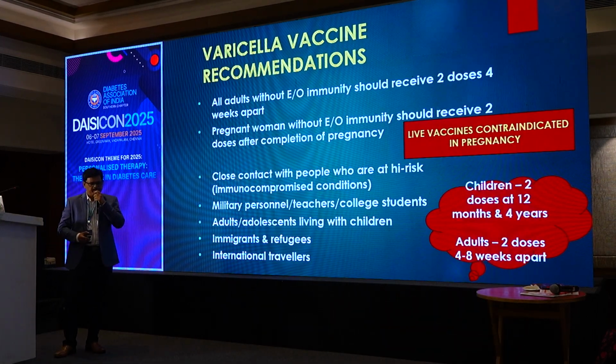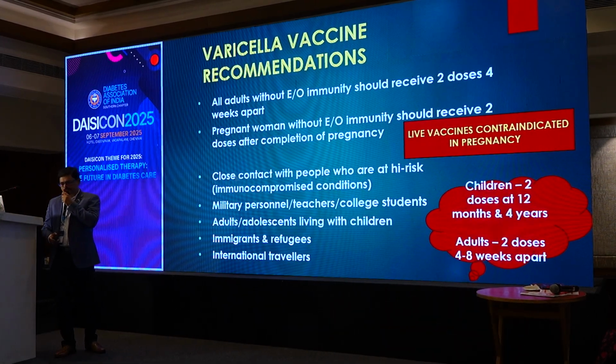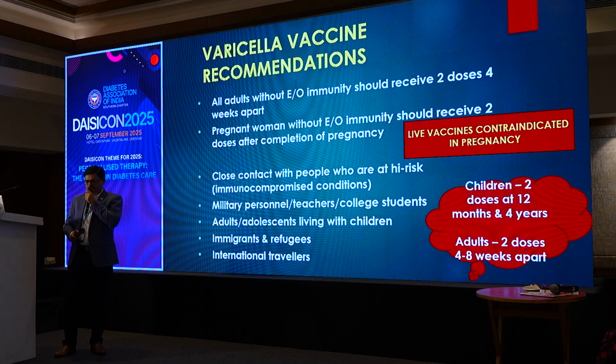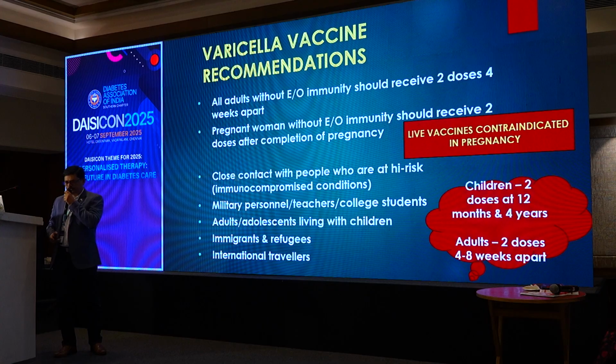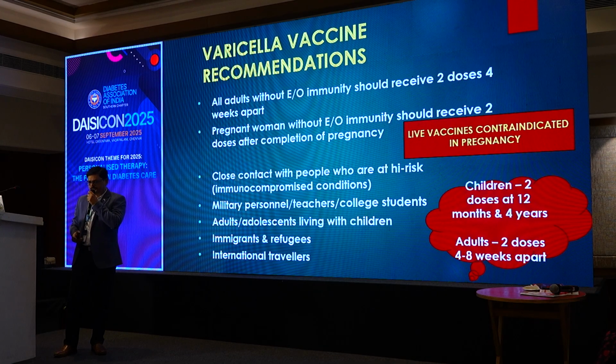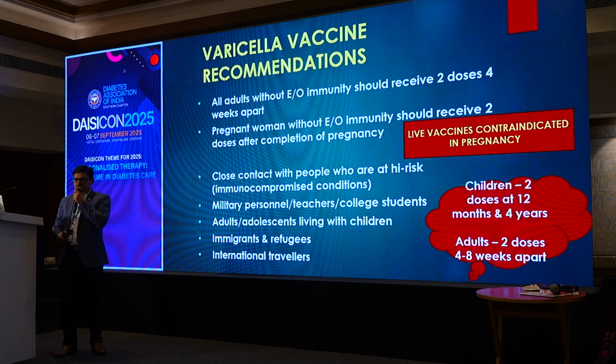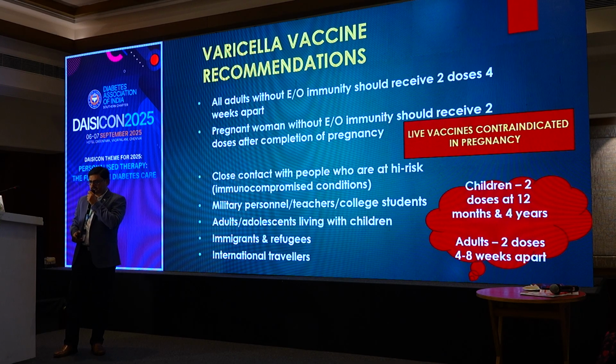Close contacts should receive the vaccine, especially people living in crowded areas, military persons, hostellers, teachers, immigrants, refugees, and international travelers. For children, 2 doses at 12 months and 4 years. For adults, 2 doses 4 to 8 weeks apart.